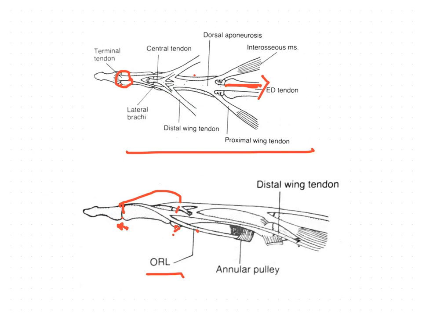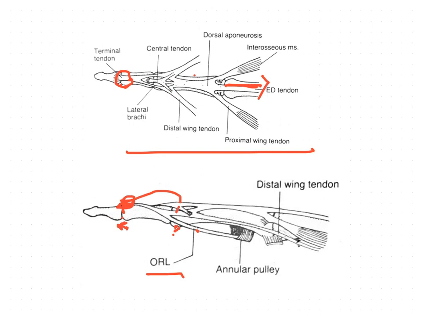Okay, so now we will see when distal interphalangeal flexion is initiated by flexor digitorum profundus muscle, the terminal tendon and its lateral bands which are attached are going to be stretched on the dorsal aspect. So here what are the things present?